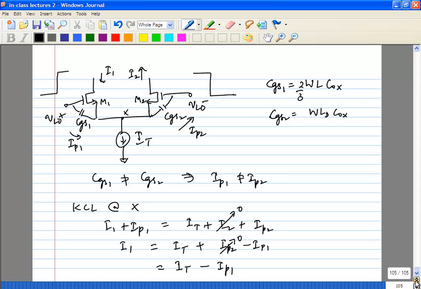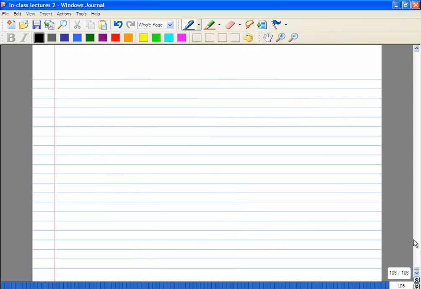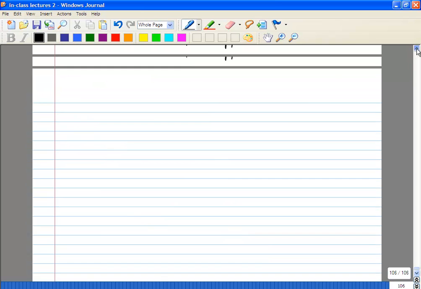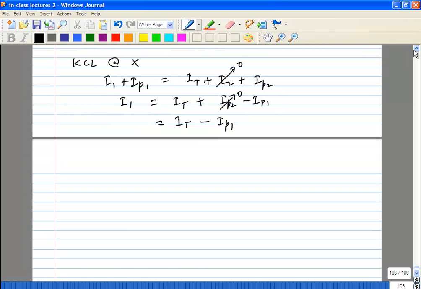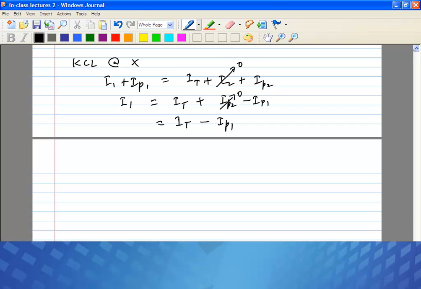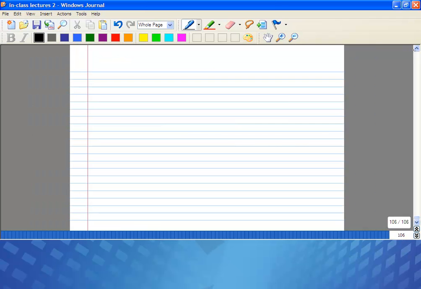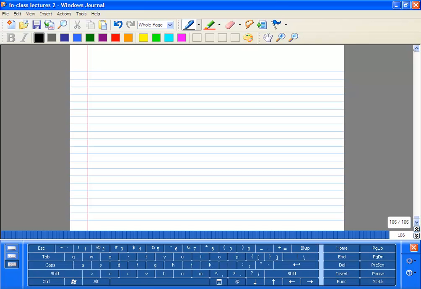Why is that? Because remember that CGS2 is very small. Okay, so the change in voltage across each is the same, but the capacitance is very small, therefore you can assume that the current is very small. Okay, because it's just the overlap capacitance. Compared to IP1, what we are actually doing is neglecting IP2 with respect to IP1.